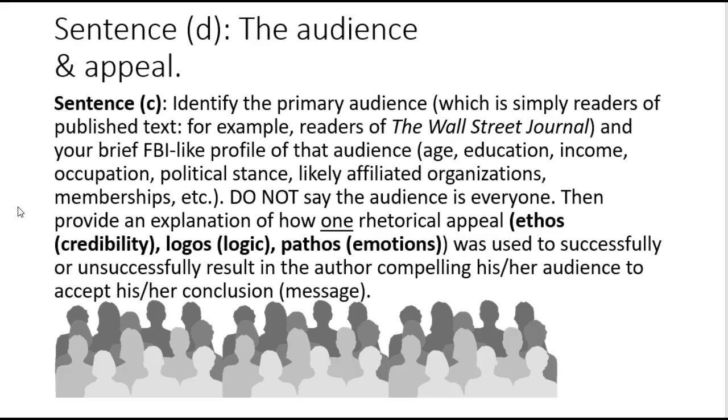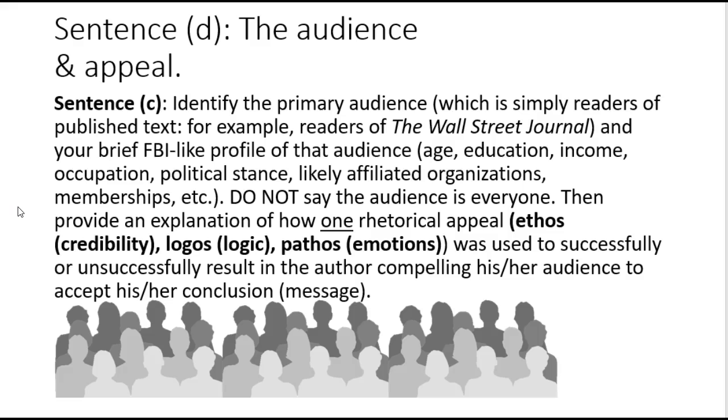Okay, then sentence D is who is that primary audience. So you identified it in sentence C, but here you're going to state it. It's going to be the primary audience is readers of the Wall Street Journal or Mother Jones or what else? The Journal of Psychology. So take a look at where something is published. And then who reads that?